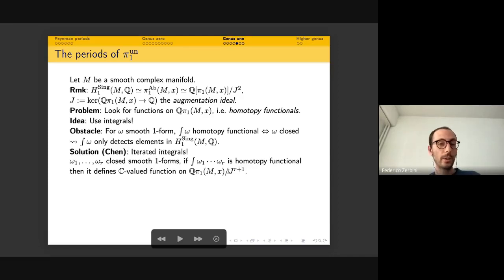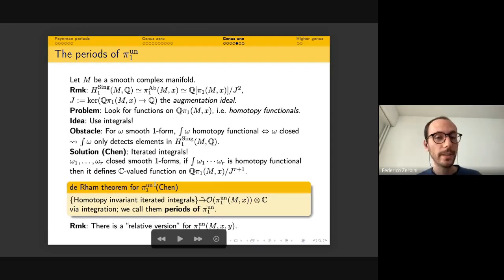And this is in general non-trivial for any power up to r. So this is one way to find functions that detect elements which vanish in the abelianization of the fundamental group.